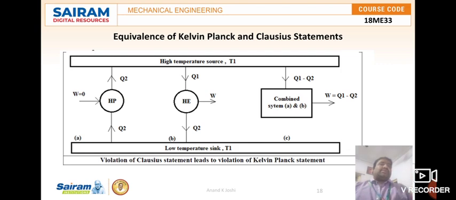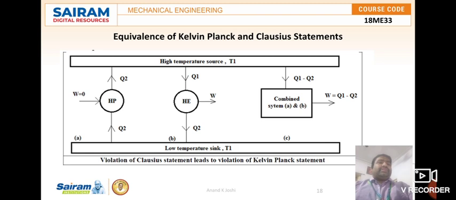We can conclude that this system violates the Kelvin-Planck statement, because it is not rejecting any heat. Thus, the violation of the Clausius statement leads to the violation of the Kelvin-Planck statement.